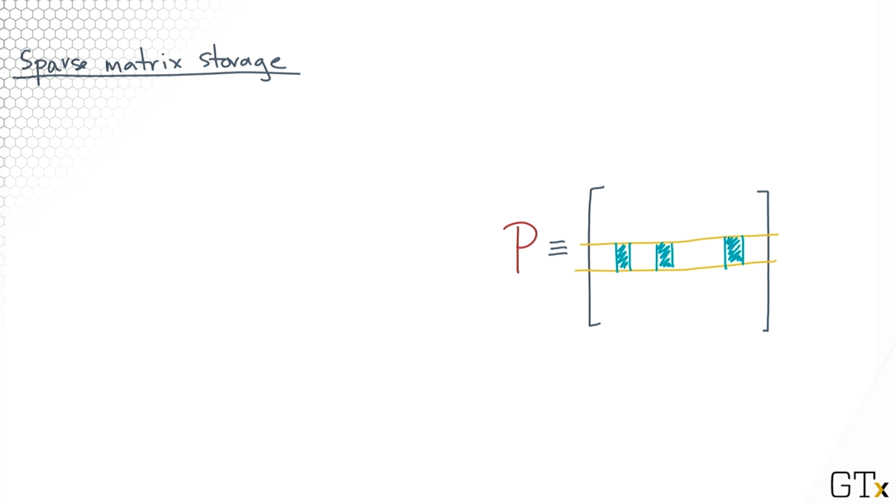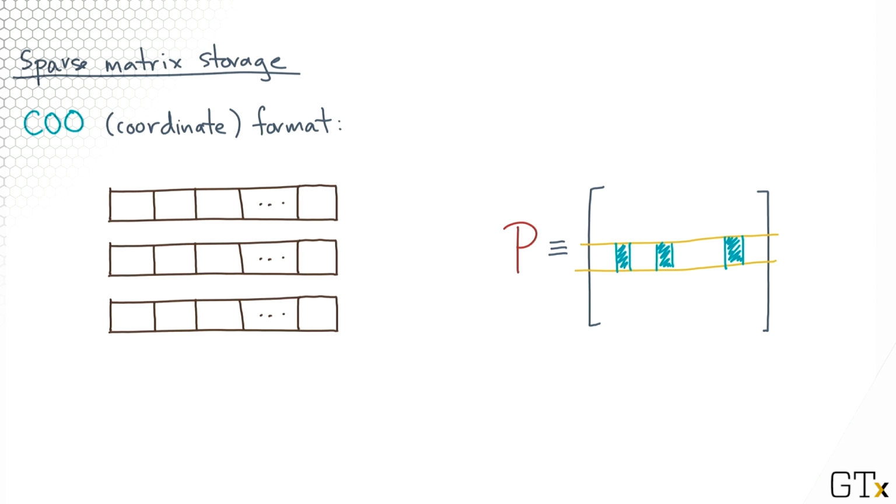Now, when the matrix is sparse, we can store it in a compact way. There are a bunch of options, but here are two common ones. The first is called coordinate or COO format. Now the idea is really simple. Let's store the matrix using three arrays or lists. One stores the row index of every non-zero.